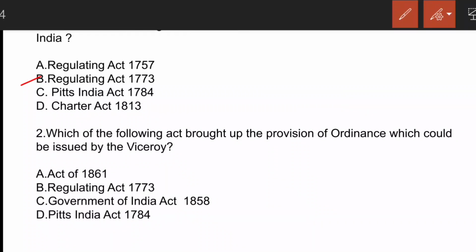The Governor of Bengal came to be known as Governor General of Bengal. Lord Warren Hastings was the first Governor General of Bengal. It was the first step taken to control and regulate the affairs of the East India Company.